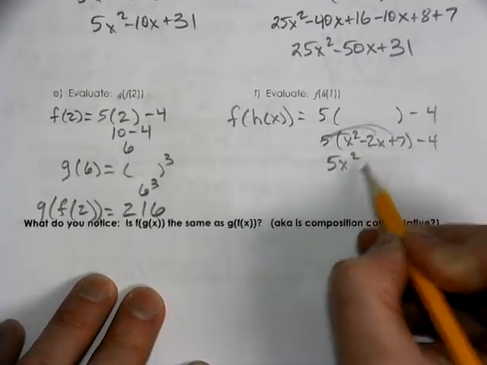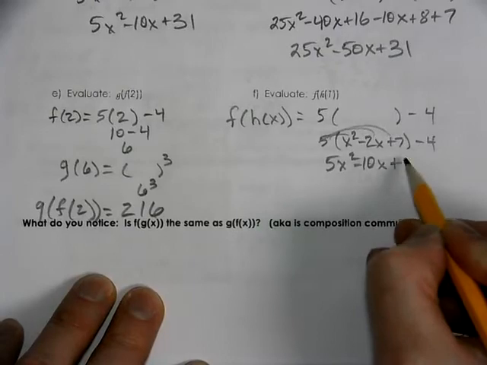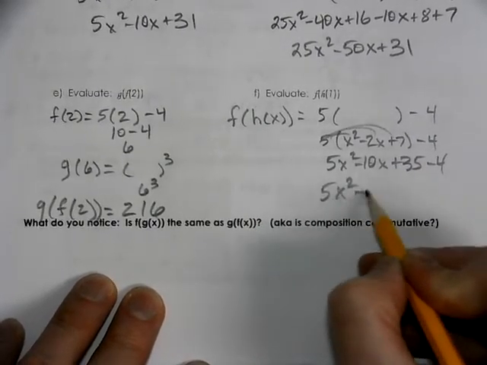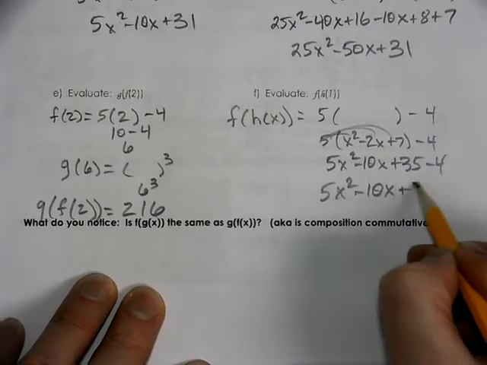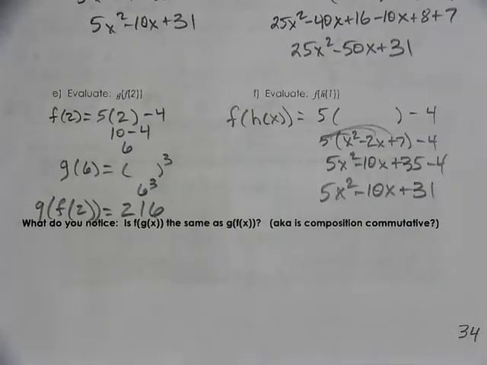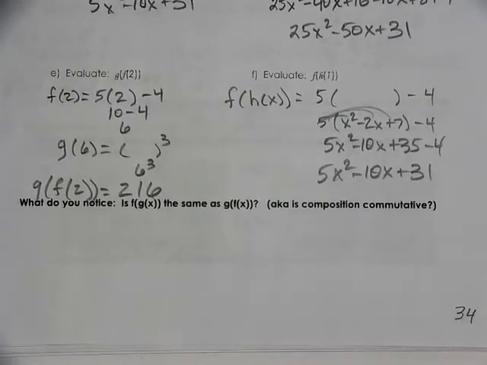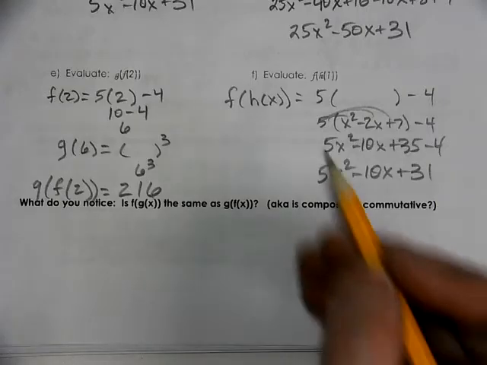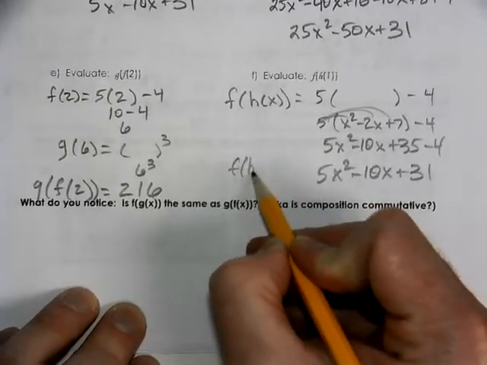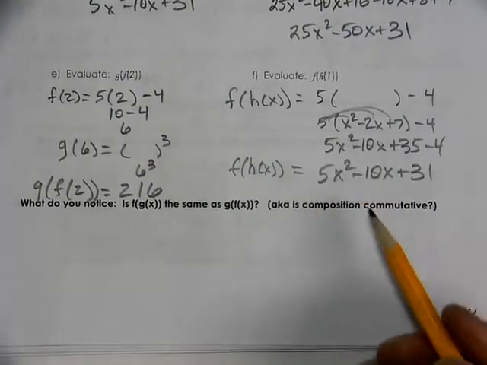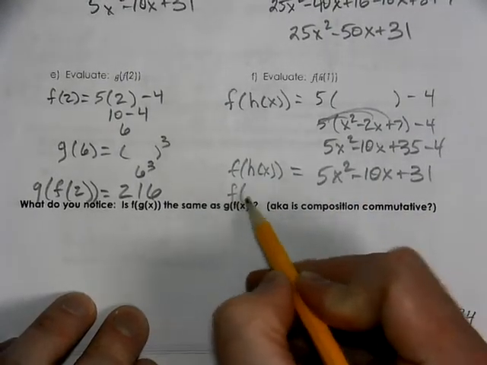So we get 5x squared minus 10x plus 35 minus 4 more. So those were two different methods. Okay, so I figured out what f of h of x was. Now I have to figure out when I plug in 2.